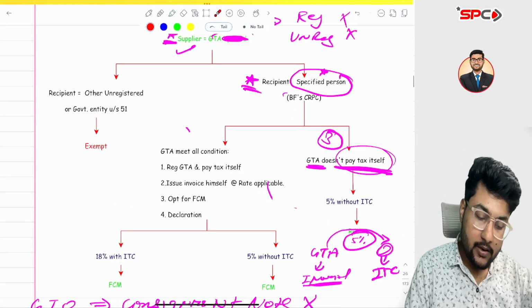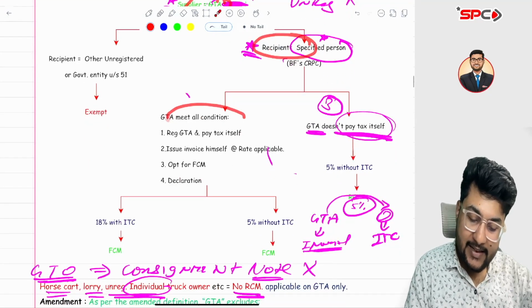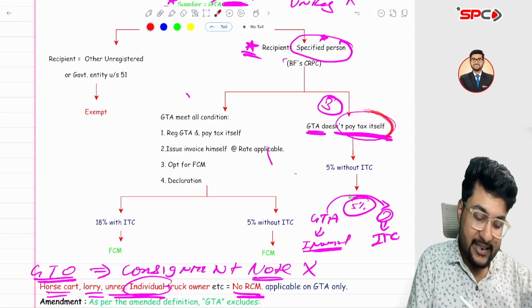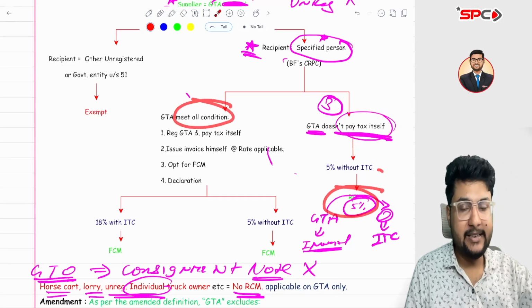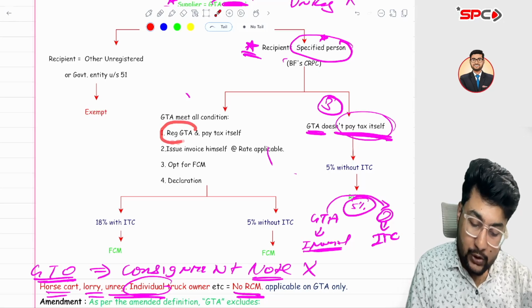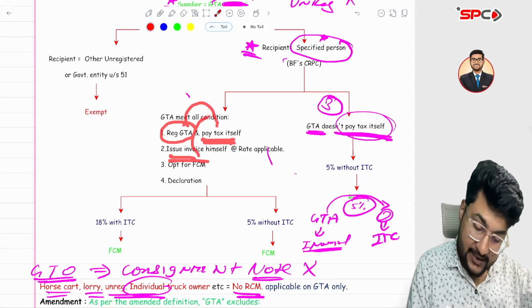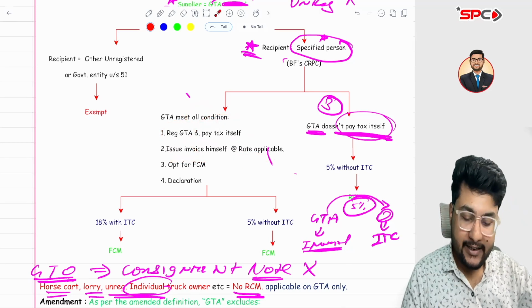Okay. Now if the supplier is GTA, the recipient is a specified recipient, and GTA wants to pay the tax itself. If GTA doesn't want to pay tax itself, RCM will apply. If GTA wants to pay tax itself, he has to take registration, he has to pay tax, he has to issue an invoice, he has to declare the rate on it, and he has to opt for forward charge and give a declaration.